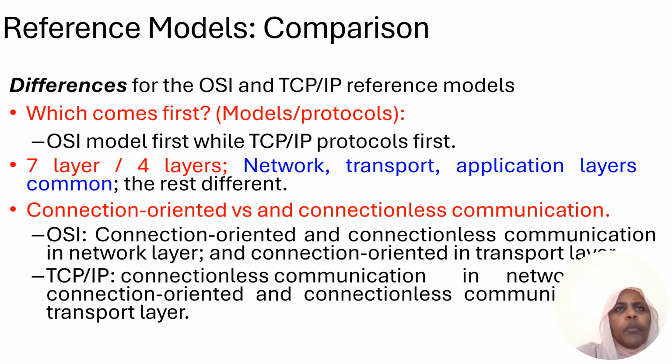In the OSI case, the model came first, and that actually created problems in implementation, where the implementers did not actually understand the model, and the implementation caused the creation of sub-layers in the actual model, like the medium access layer in the data link layer, where the data link layer was basically designed for point-to-point networks, while when broadcast networks came along, they needed to create a sub-layer in the data link layer to address medium access control.